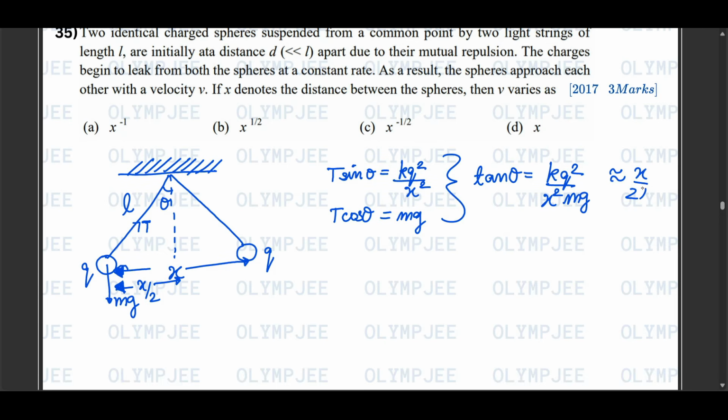Because here tan theta can be given as x by 2 divided by the square root of l squared minus x squared by 4, and since x by 2 is very small compared to the length, this can be approximated to x by 2l. Okay, hope this is clear.